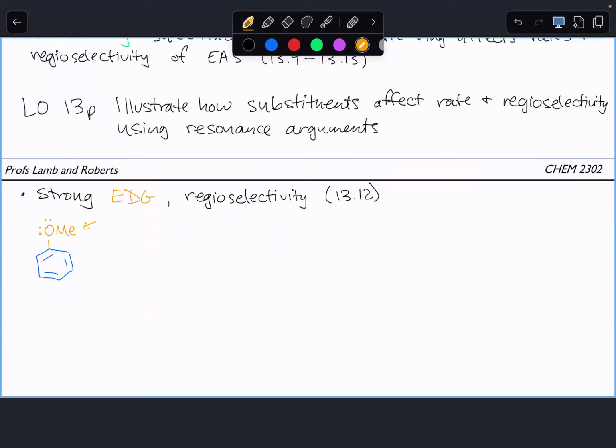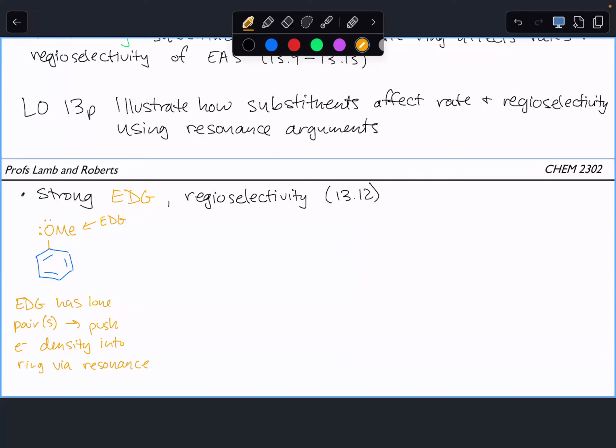So this methoxy group is an electron donating group because it has a lone pair, or lone pairs in this case, right, which is able to push electron density into the ring via resonance.